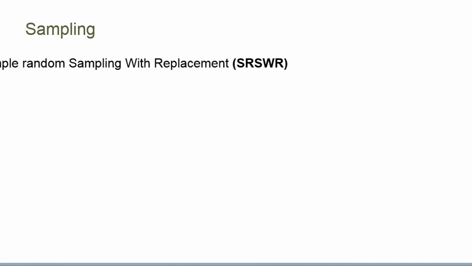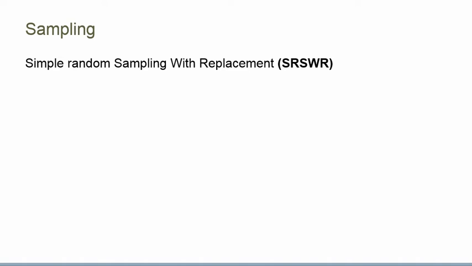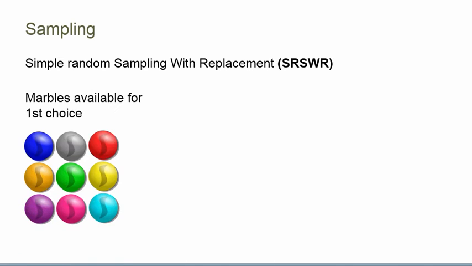Sampling. We want to start with an example of simple random sampling with replacement. We have 9 marbles to choose from. The marbles available for the first choice are blue, silver, red, orange, green, yellow, purple, pink, and turquoise. We choose the pink marble.